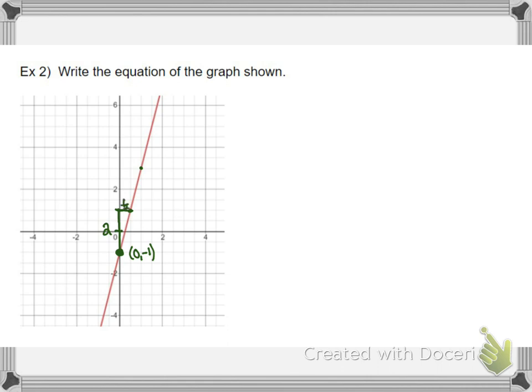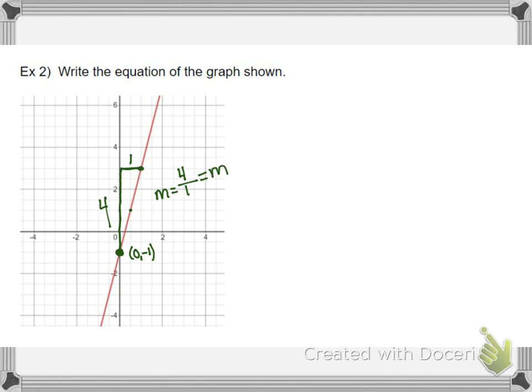Maybe I just want to use the second one that I found, so this one up here. So if we count the rise over the run, it goes up 1, 2, 3, 4 units, and it goes over 1 unit. So my slope, the rise over the run, would be 4.